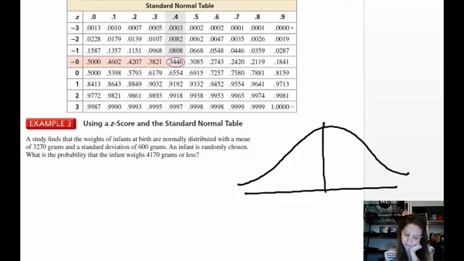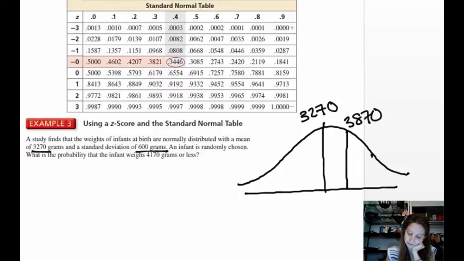So the mean value is 3270. The standard deviation is 600 grams. So 1 standard deviation above will be 3870. 2 standard deviations will be 4470. And I could keep going above and below.